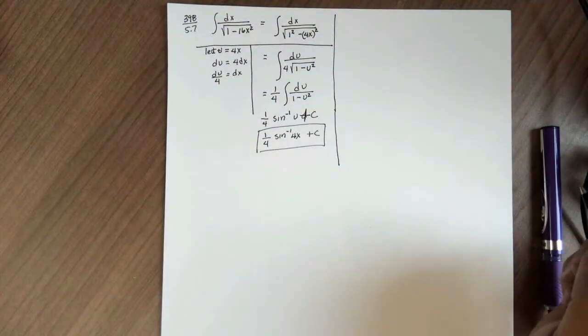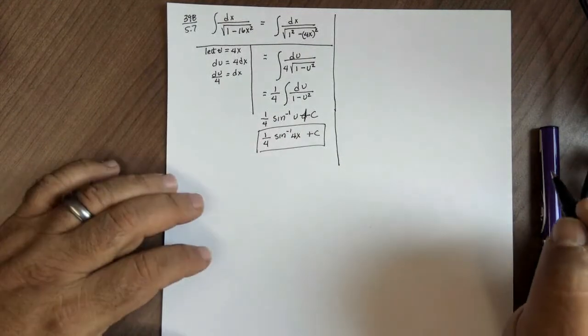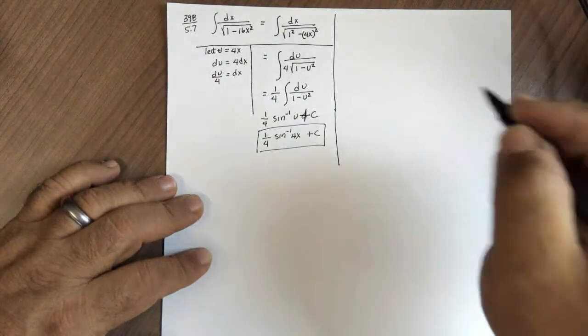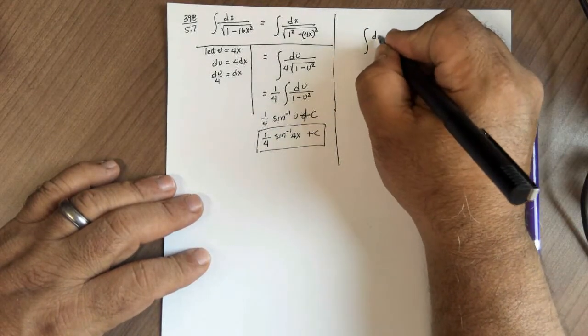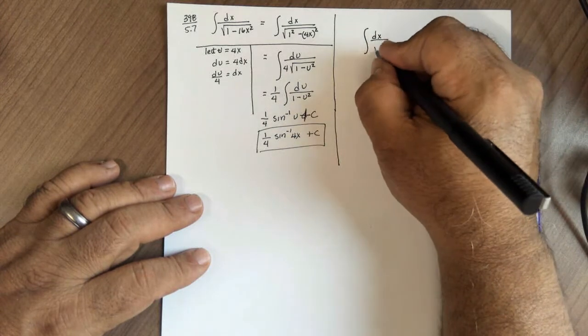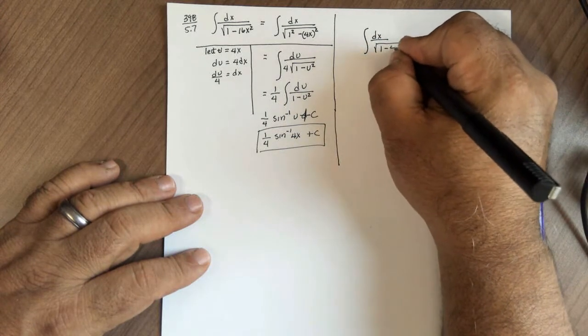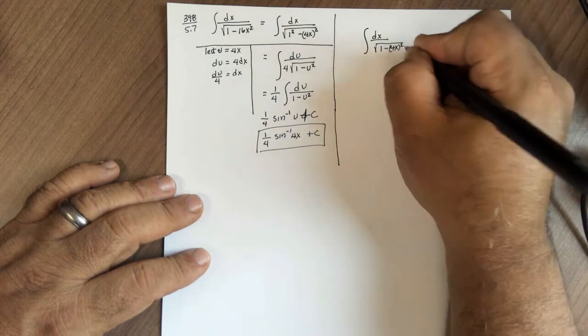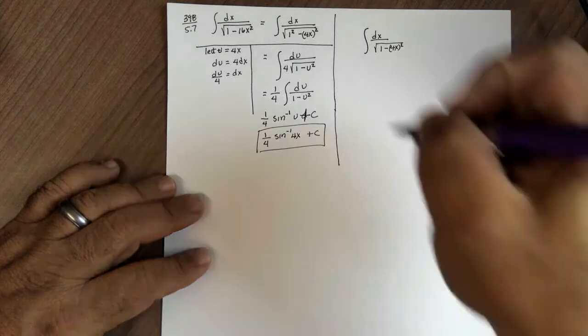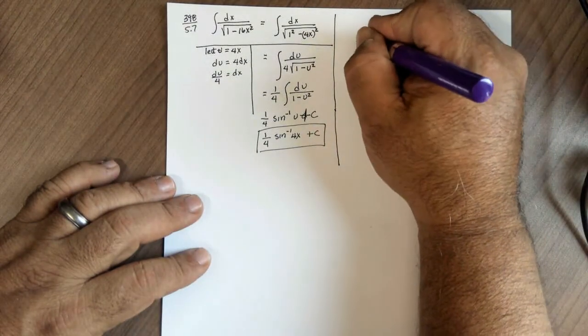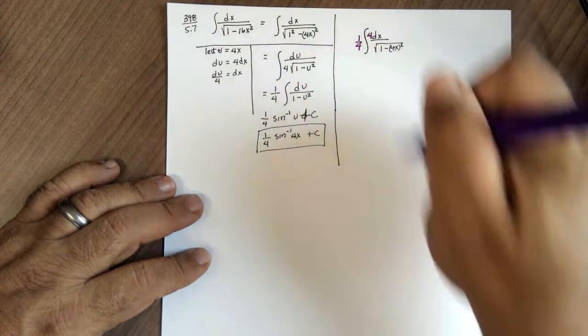I would have done it a little differently. I would have done an implicit substitution, that is, doing it in my head. And what it would have looked like is this. So I have this so far. I know that if I let u be 4x, du is going to be 4dx. So what I need is a 4 here. If I need a 4 there, I need a 1/4 out here.